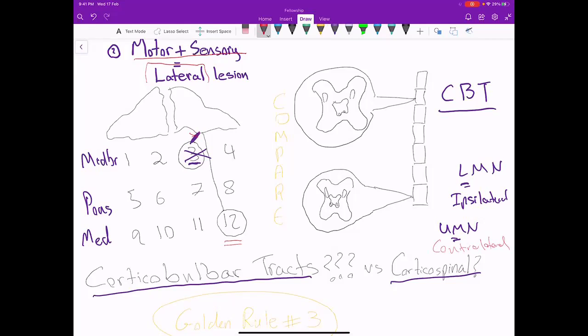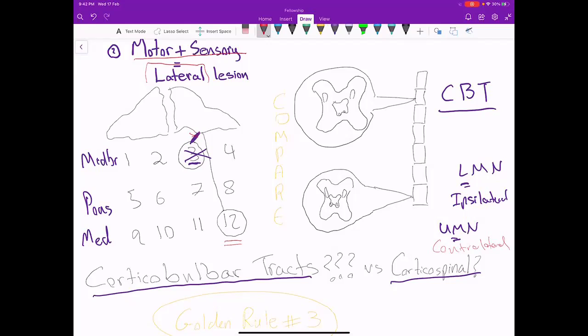Rule number 1, look at the corticospinal tract. Remember, I told you, you look where there's weakness in the body. If it's weakness on the left, then my lesion's on the right side, 100%. I look at the hypoglossal nerve, and I see that the tongue is shifting to the left. Okay? So now I know that this is going to be an upper motor neuron lesion of the hypoglossal nerve.